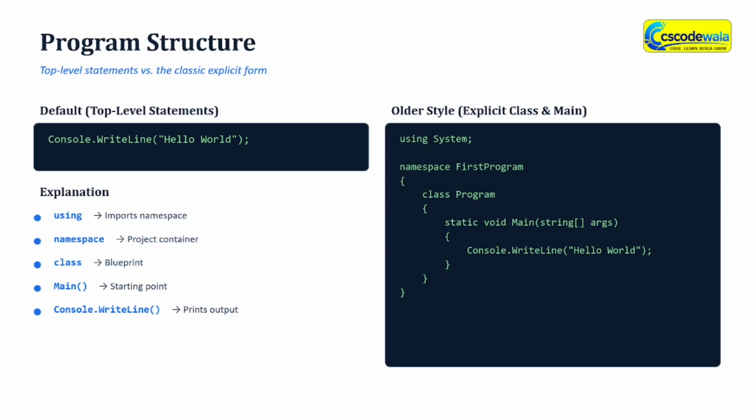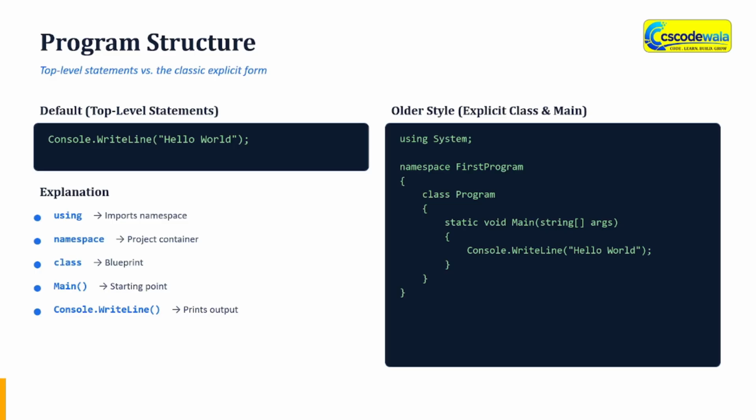However, in the older style, we use the traditional structure. Here we have the using statements, using System, and after that the namespace, the class, and finally the Main method. Remember that the Main method is the entry point of every C# application.